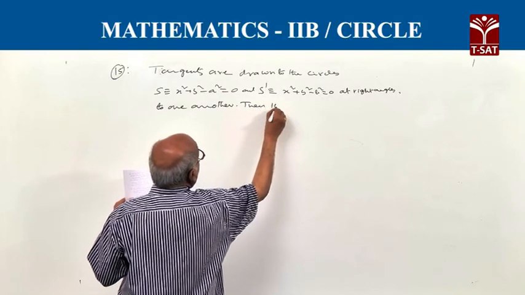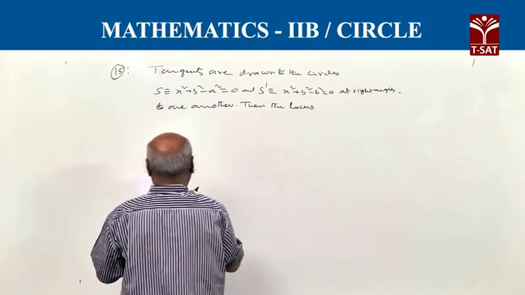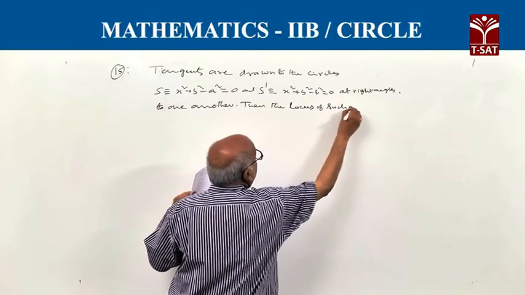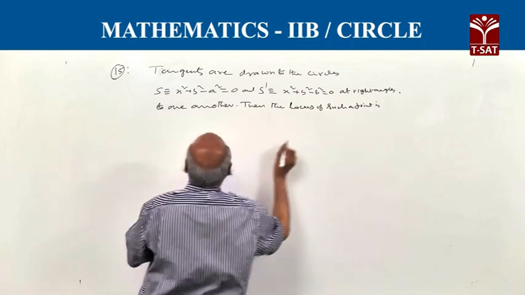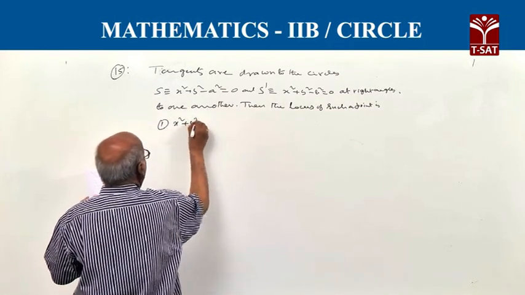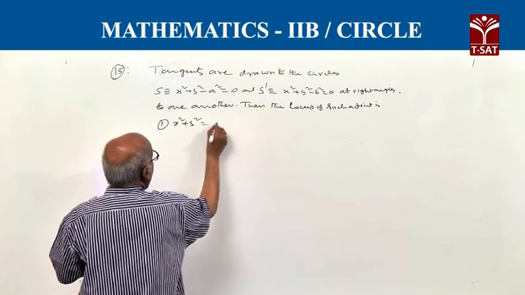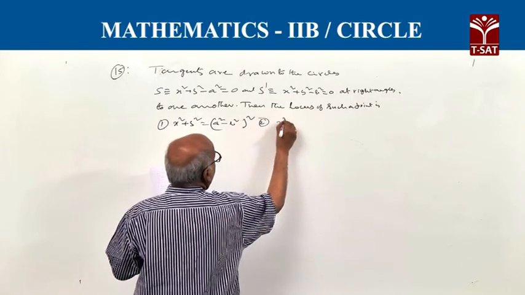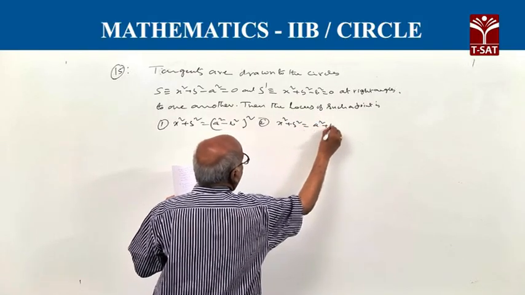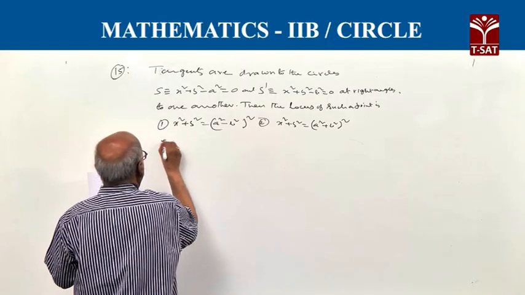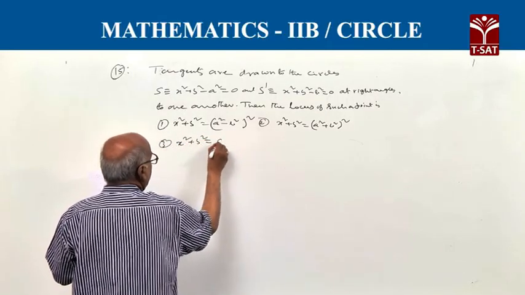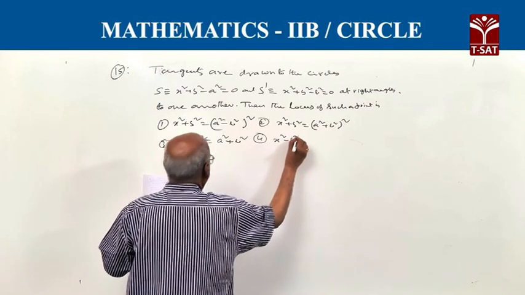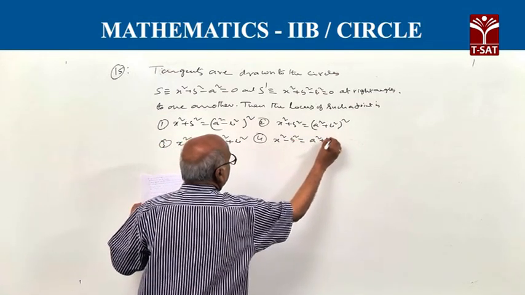Then the locus of such a point is: 1, x square plus y square is equal to (a square minus b square) whole square; 2, x square plus y square is equal to (a square plus b square) whole square; 3, x square plus y square is equal to a square plus b square; and 4, x square minus y square is equal to a square plus b square.